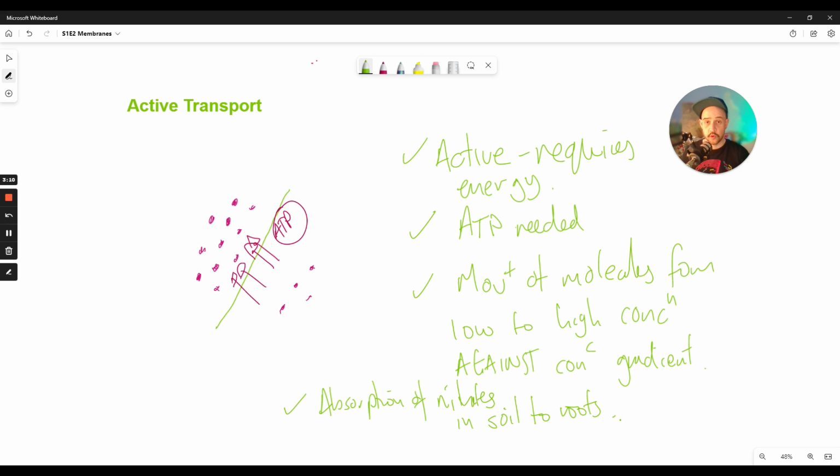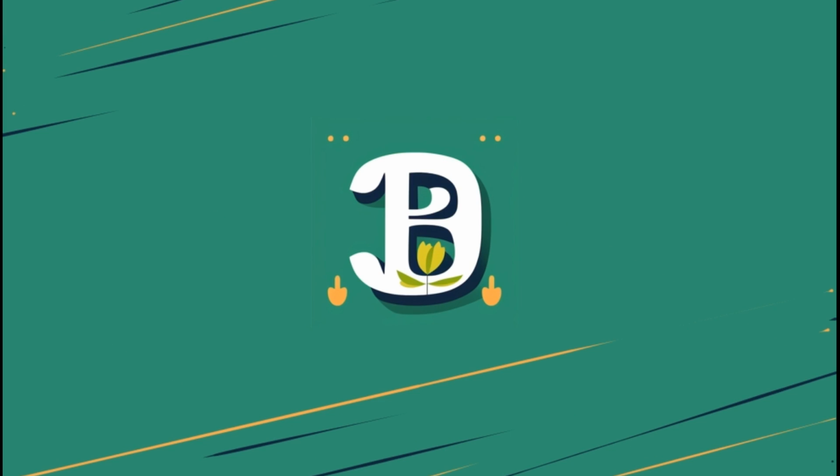Okay, so where there's already plenty of a molecule within a cell, but it needs more, it's trying to get as much as it can, it will actively draw it in using the process of active transport. Okay, so we've covered then our membranes, diffusion, osmosis, and active transport. Now it's time for a little question.